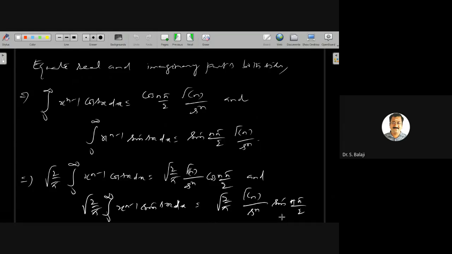Wow. What is this? This is the Fourier cosine transform of x^(n-1), and this is the Fourier sine transform of x^(n-1). So that's all, that will be your answer.